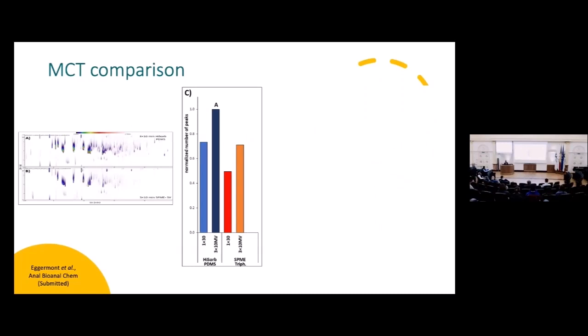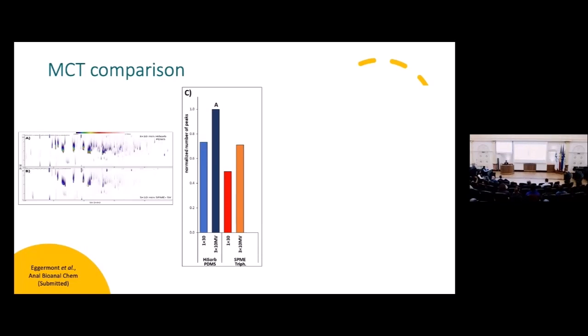The first thing that you can see, in the middle, is the bar plot representing the number of compounds that we can find on the chromatogram, not identified, but found.